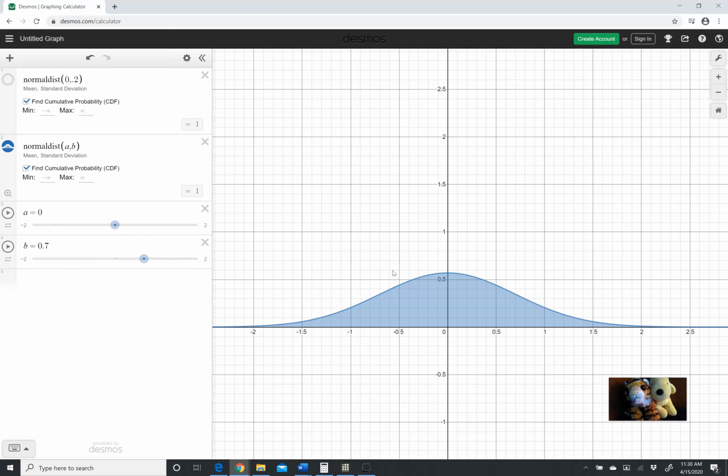This here would be our mean. And if you remember, I said if we change this, we're changing location. This would be like changing the date, but the height would be the number of, depending upon what we're counting. We were talking about hospitalizations. So the height is the number of people hospitalized.